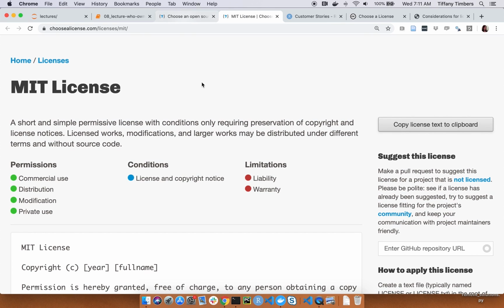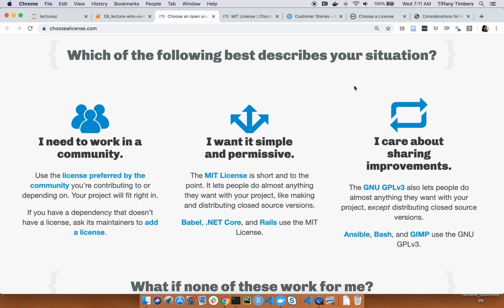So let's go back here, and let's go to the third case for this choosealicense.com for recommending what your general situation might be. On the right-hand side, you care less about a simple and permissive license, but you care more about sharing the improvements.